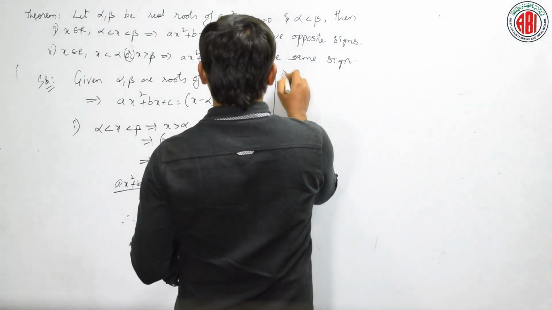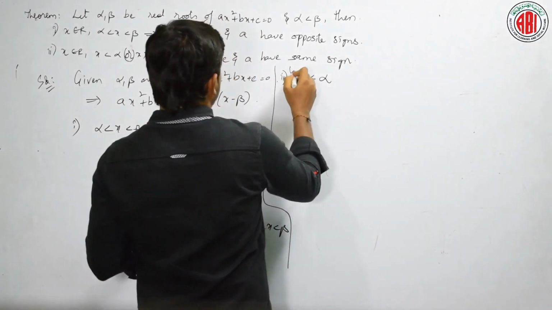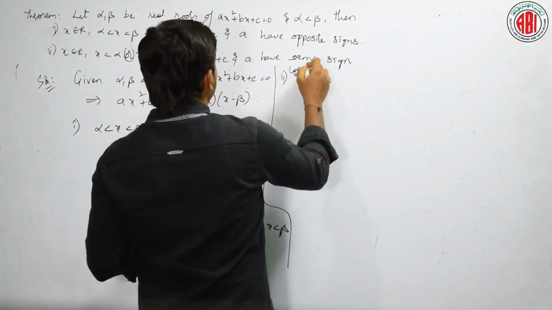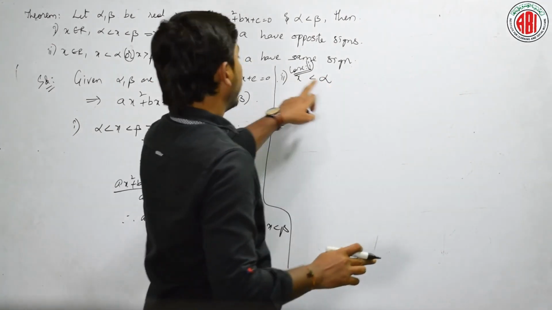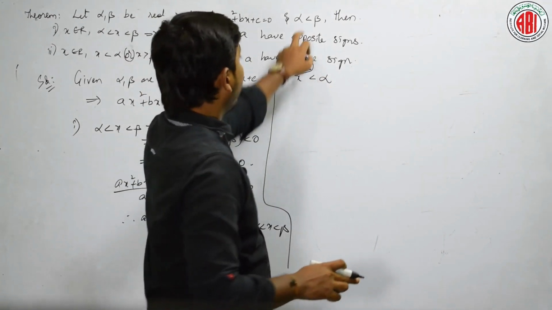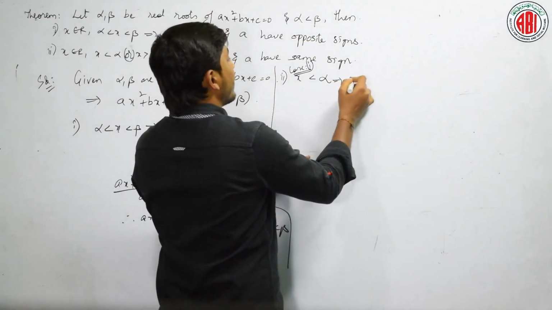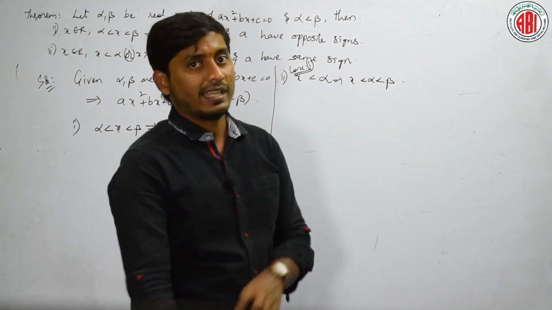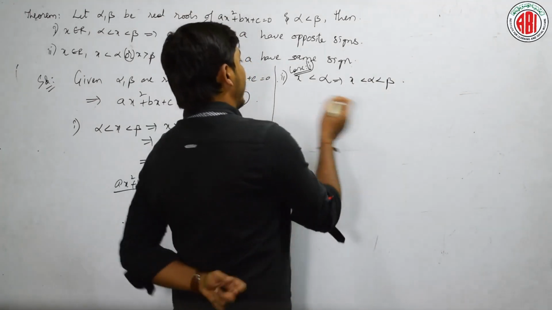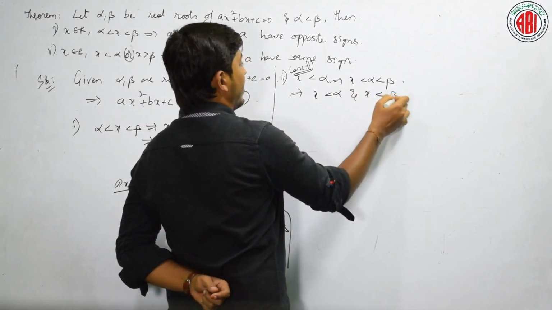What is the second case? x is less than alpha and x is greater than beta. Let us take case 1. And remember, x is less than alpha and alpha is less than beta. So, can I write it as x is less than alpha less than beta? Yes. So, I can split and write it as x is less than alpha and x is less than beta.